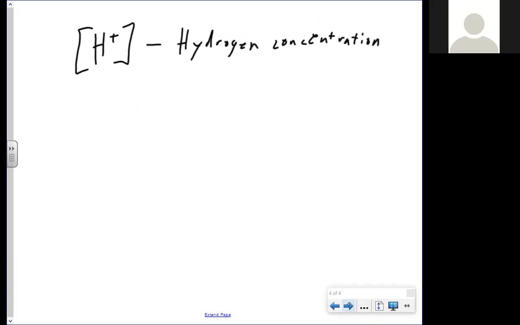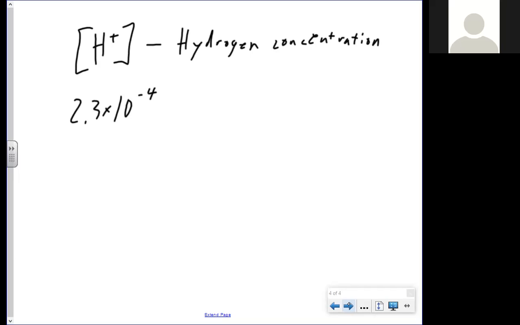And it's usually a very, very low number, something like 2.3 times 10 to the negative 4, let's say, is your hydrogen concentration. That's a really low number, so it's 0.00023 molar. So 2.3 times 10 to the negative 4 is my hydrogen concentration.